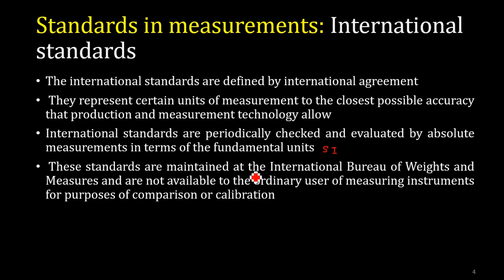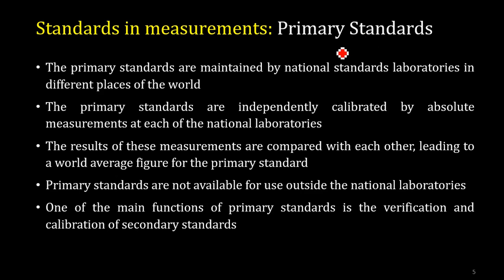Now these are available and maintained at the International Bureau of Weights and Measures, and they are not available to the ordinary user. These standards are kept at that particular bureau, and they are not available for calibration purposes. Then you have primary standards. These primary standards are maintained by different national standard laboratories across the world. Again, these primary standards are independently calibrated by absolute measurements at these different national laboratories.